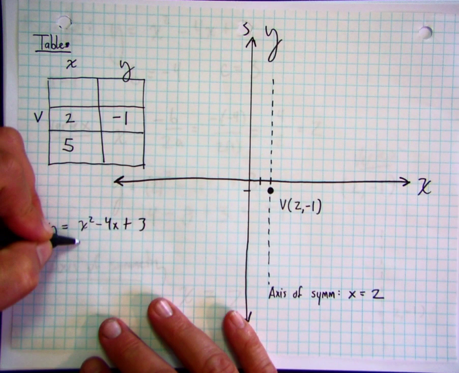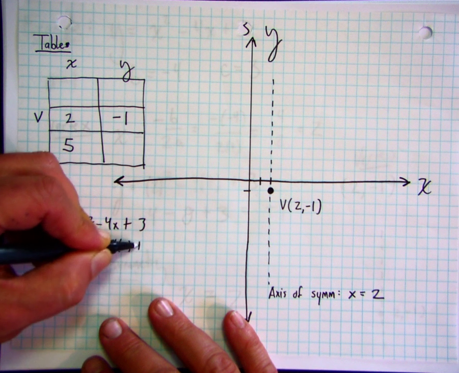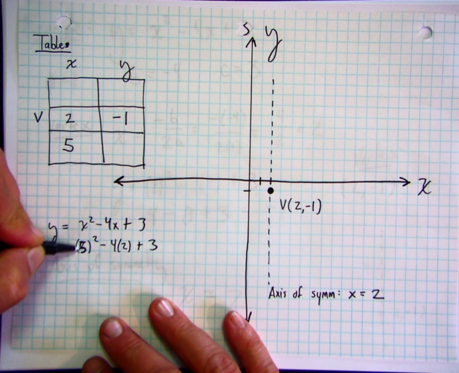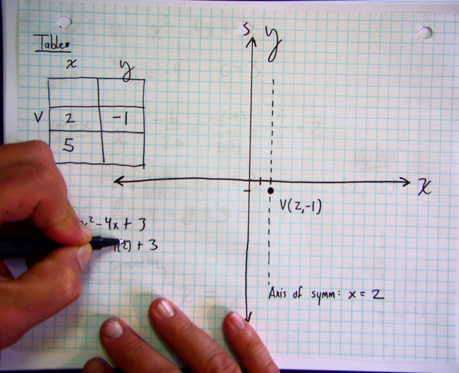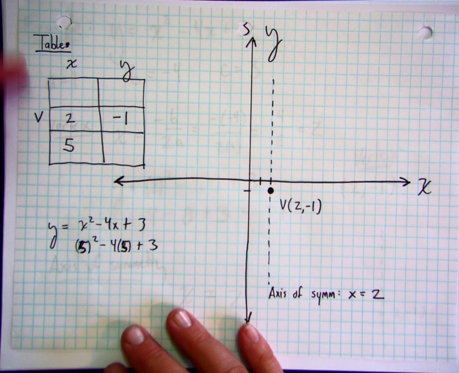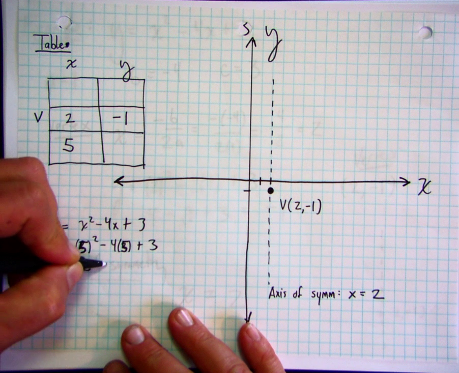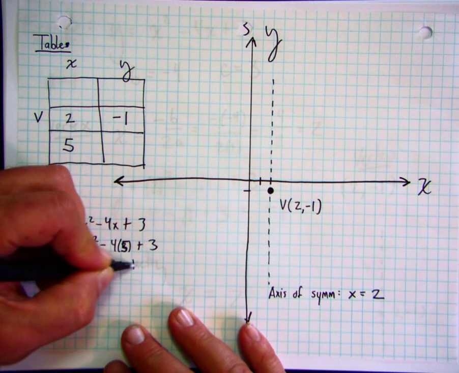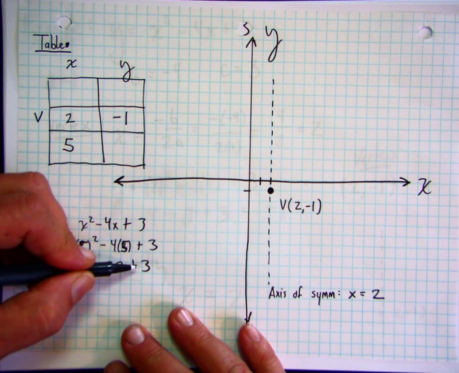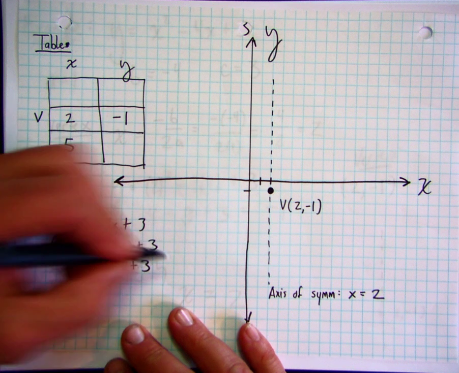So you get 5 squared minus 4 times 5 plus 3. Be careful, I'm plugging the 5 in. 5 squared is 25, and 4 times 5 is 20, plus 3. So you have 25 minus 20 plus 3, and that's going to be 8.